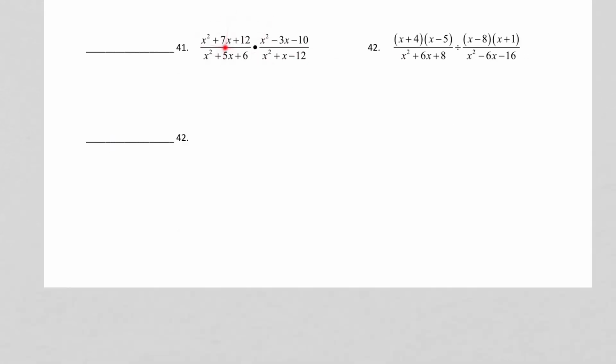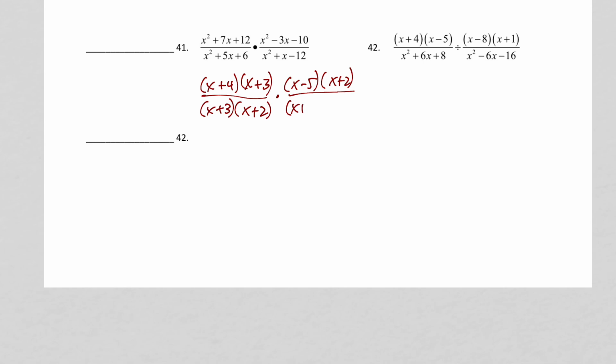Okay, I have to factor every single one of these. So factor this, and we have x plus 4 times x plus 3. Factor this, and we've got x plus 3 times x plus 2 times, factor this, and we've got x minus 5, x plus 2, and factor this, and we've got x plus 4 times x minus 3. And now I'll start canceling.